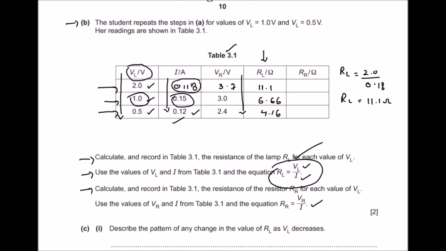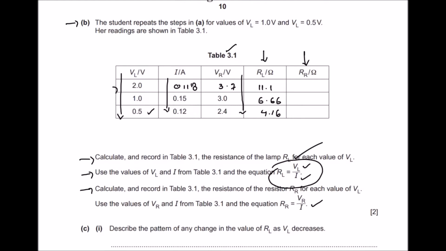To calculate the resistance of the resistor in this column, once again you need two things: what is the voltage across it and how much current is there. So you can finish your calculation like this. Resistance of the resistor is voltage across the resistor over current through the resistor.